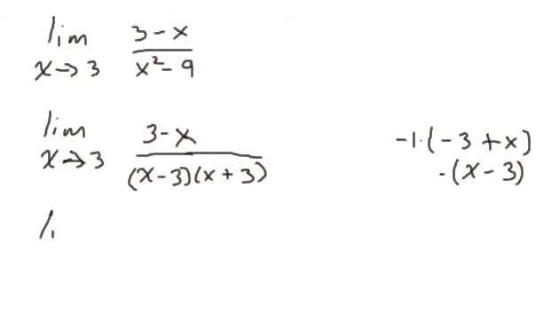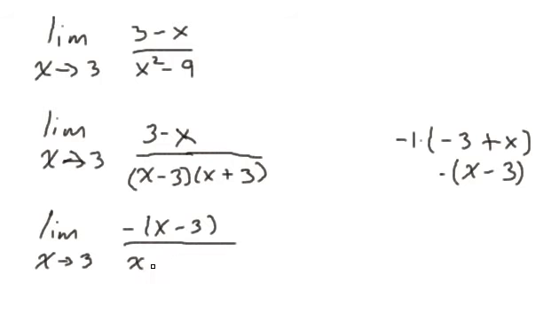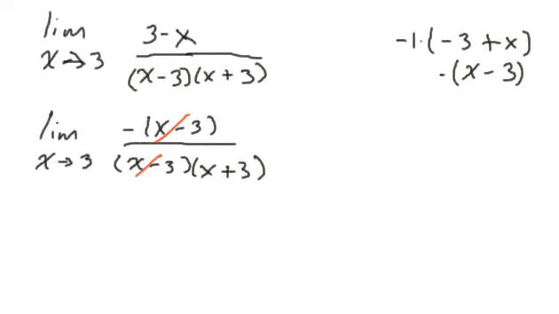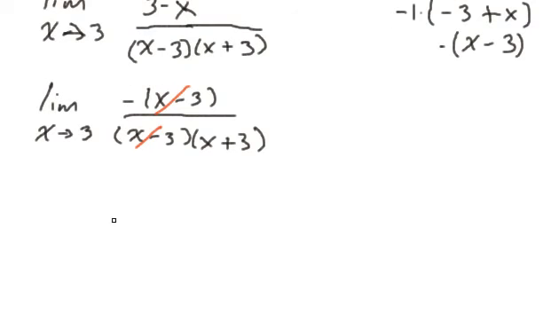Alright, so I'm going to rewrite this as the limit as x approaches 3 of negative x minus 3 over x minus 3 times x plus 3. Okay, now we can cancel some stuff out. We have an x minus 3 in the numerator and x minus 3 in the denominator, so we can cancel those out. Now I'm going to rewrite this again.